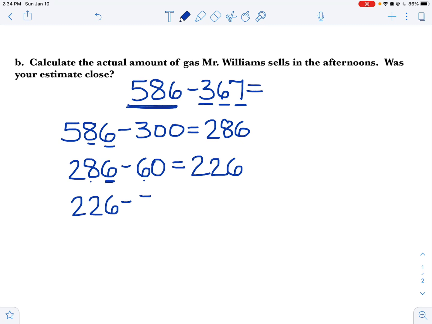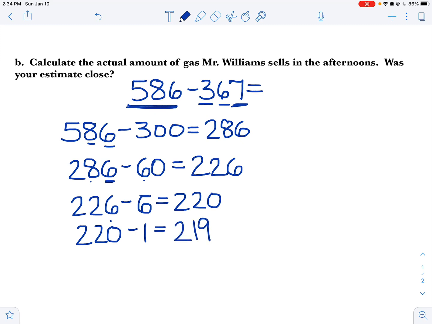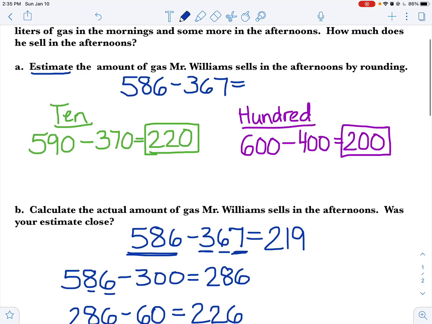Ooh, now this is a little tricky because I see that I don't have enough ones. So I think instead of taking away 7, I'm going to take away 6. That's nice and easy. Then I know I have 220, and I still have one more to take away because I only took away 6, and I wanted to take away 7. And I know that would get me 219. So my exact answer, the real actual answer to my question of how much gas Mr. Williams sells in the afternoon is 219.